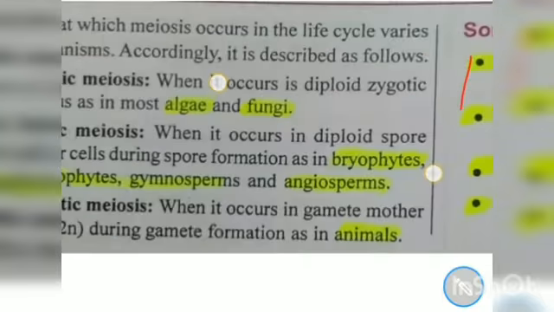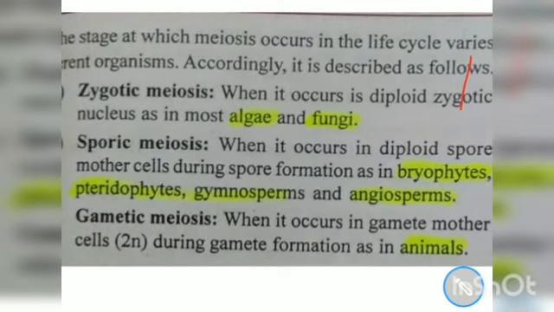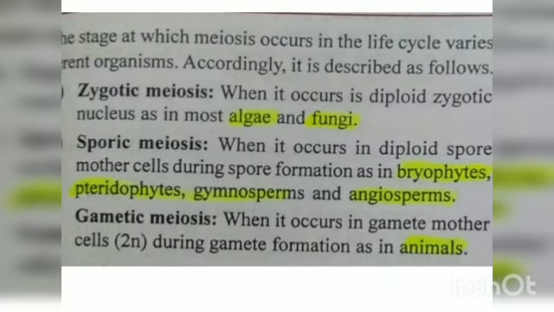You can see that the zygotic meiosis occurs in algae and fungi in their zygotic cell, and your sporic meiosis occurs in the spore mother cell of your spore forming plants, generally your bryophytes, pteridophytes, gymnosperms and angiosperms, and gametic meiosis occurs in your gamete forming organism cells, especially your gamete mother cells, which are present in the germ epithelium of your reproductive organs.